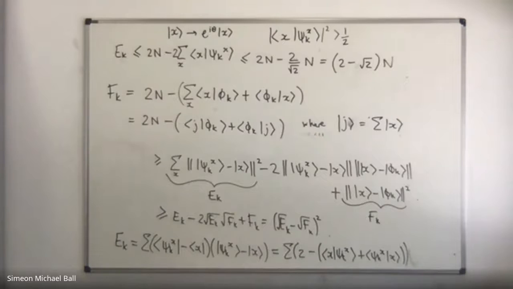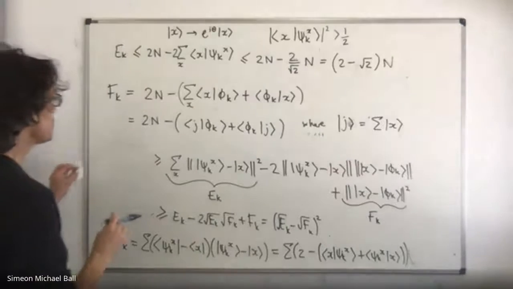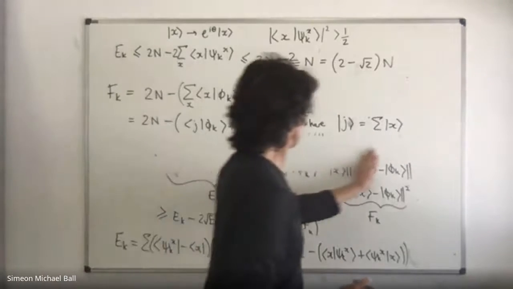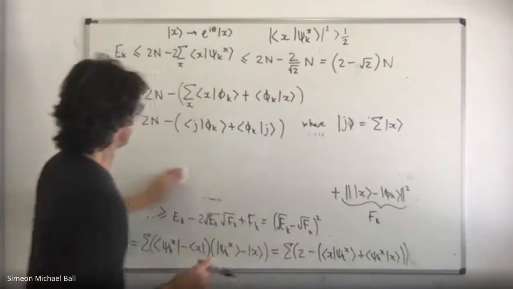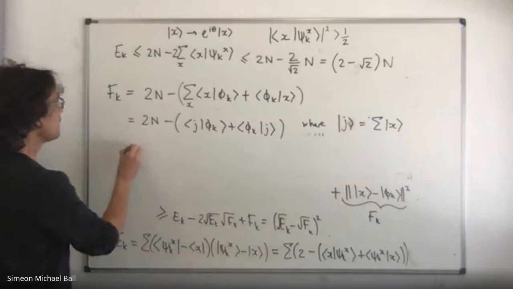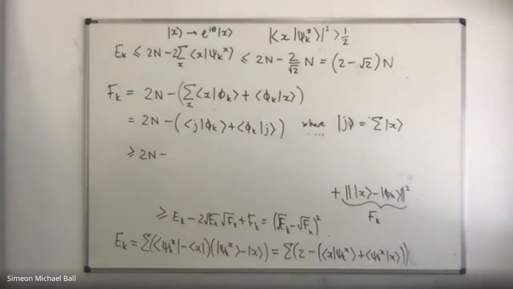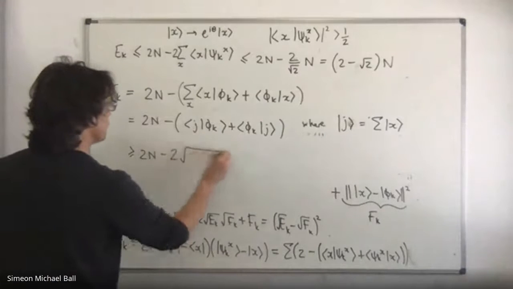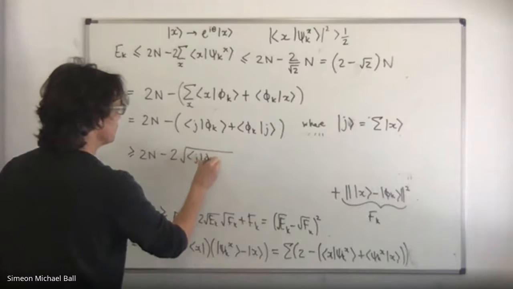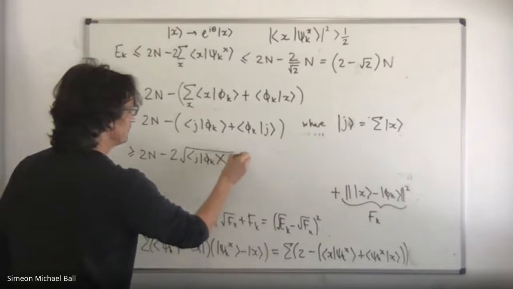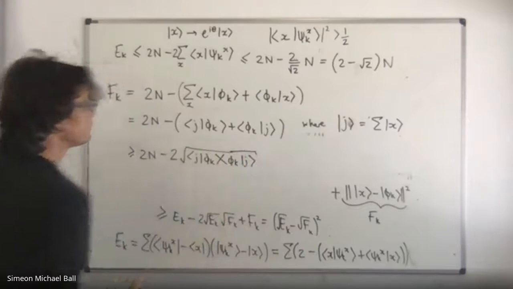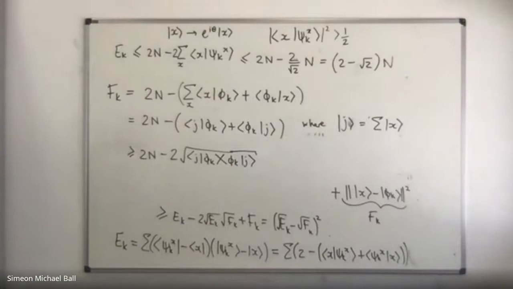And as before, we could use our coding for and this is then bigger than 2n minus twice the square root of... sorry, that was the same trick that we did before.